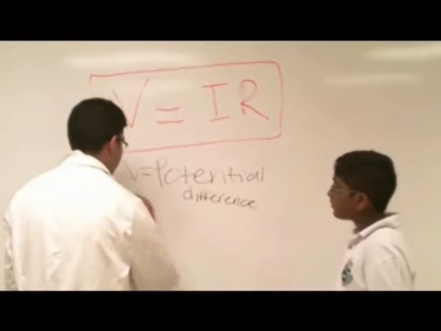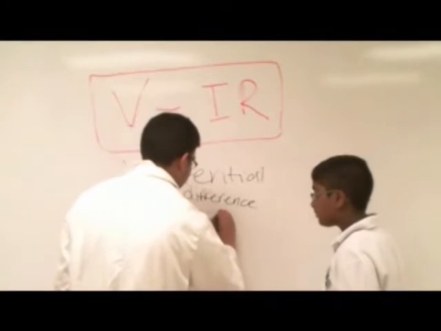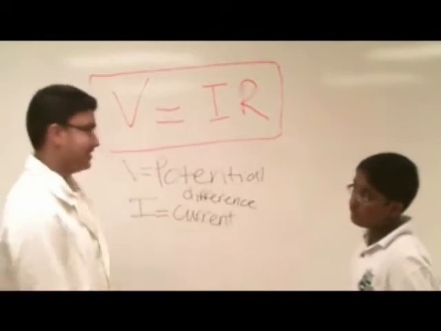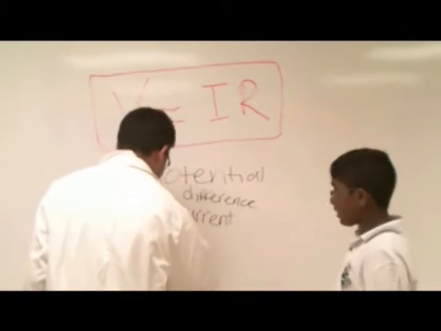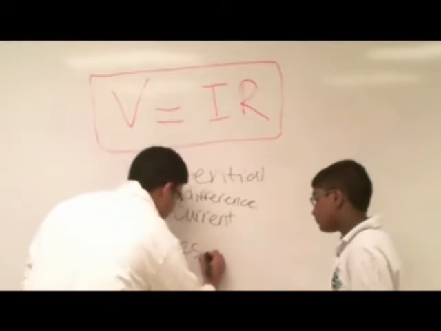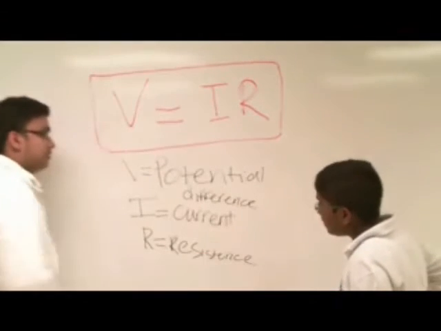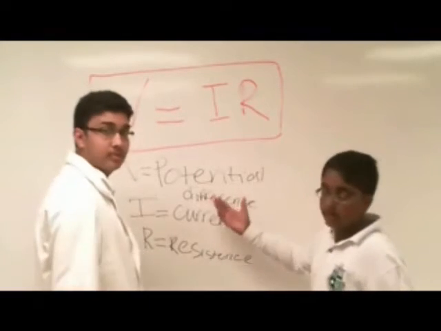Okay, I equals current. And R is resistance. So here we have what each letter represents.